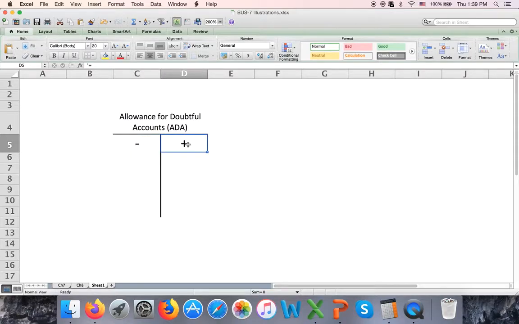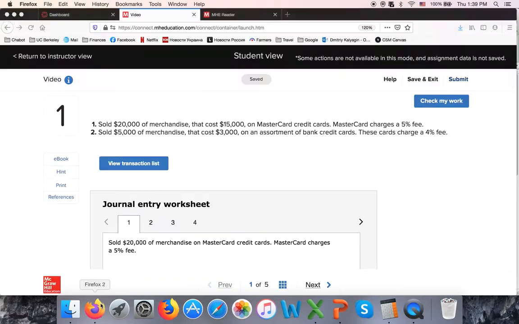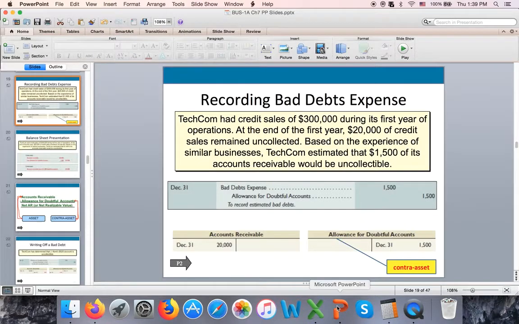So it will always have a beginning balance. And guys, it just happens that sometimes the beginning balance will be on the credit side, positive side, sometimes it will be on the debit side. It just happens that way. So the problem will always tell you where it is, and this account is really the opposite of AR. It's really the opposite of accounts receivables.